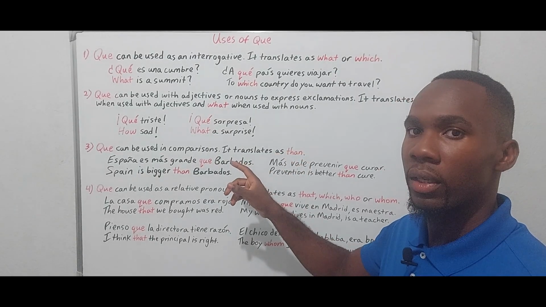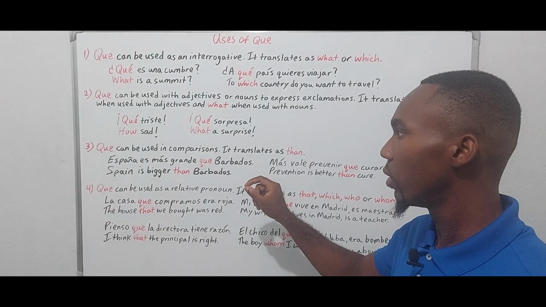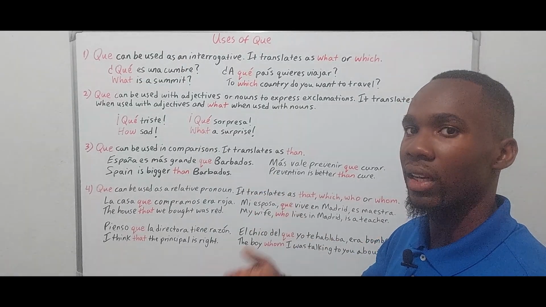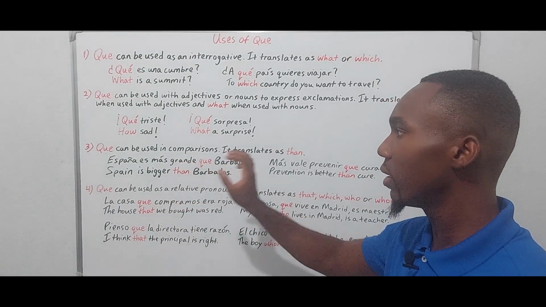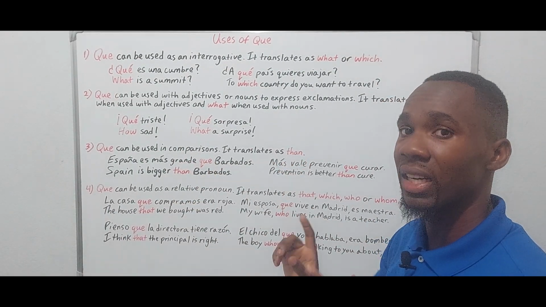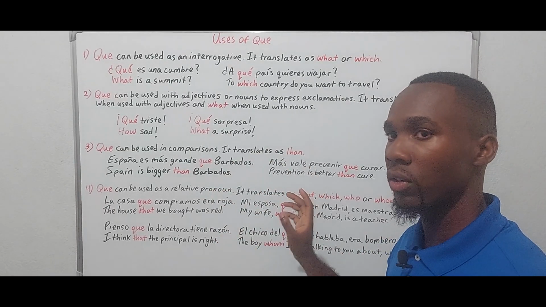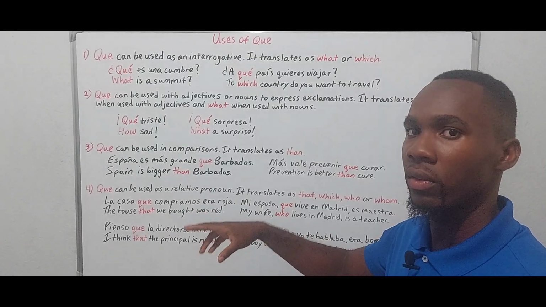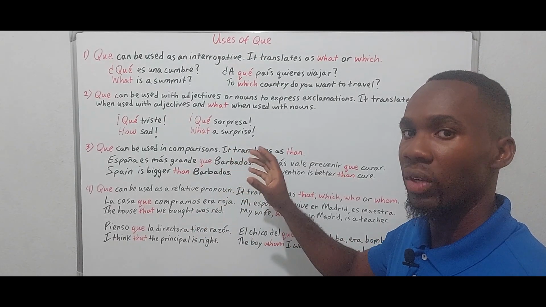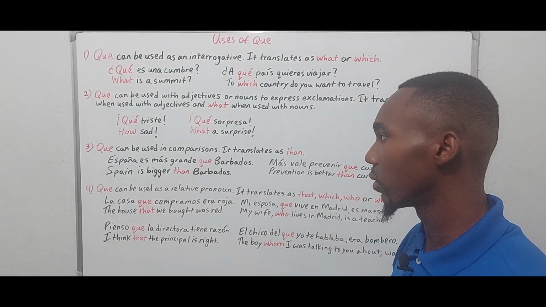So the que is essentially used to introduce the second element in the comparison, because we're comparing Spain and Barbados in terms of size, and we're saying that Spain is bigger than Barbados. After the que in comparisons, we introduce the second entity, which will be Barbados.